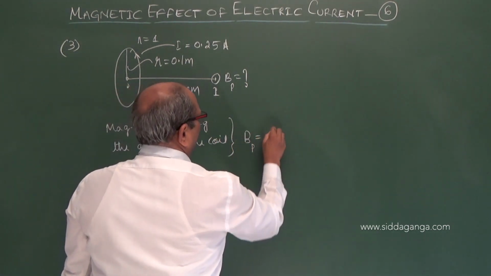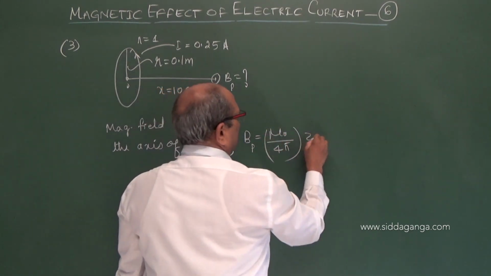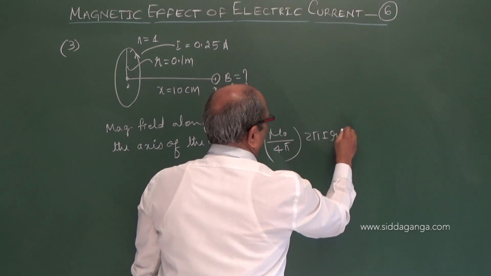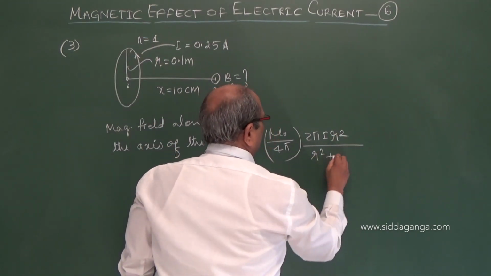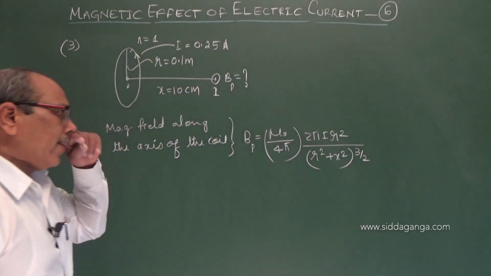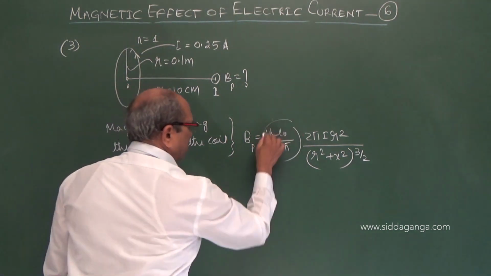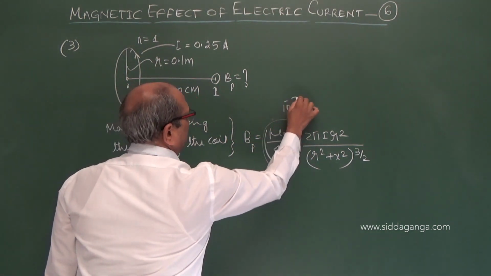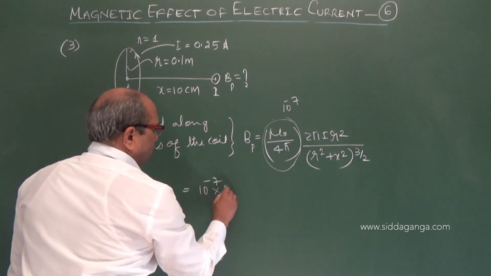BP equal to mu naught upon 4 pi, 2 pi I r square. Because n is 1, I am not writing the n. Divided by r square plus x square to the power of 3 by 2. So already you know mu naught upon 4 pi is 10 power minus 7, into 2 into pi.